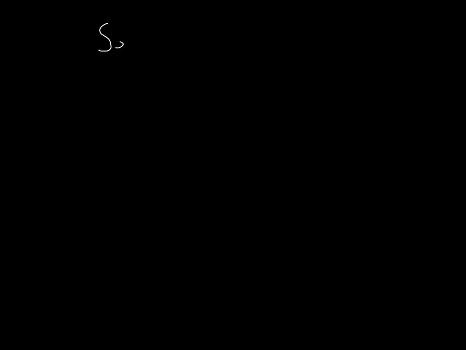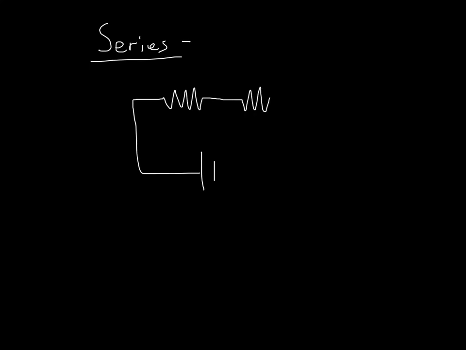We can also look at series resistor circuits. In series, you have your battery, you come in, and you hit your first resistor, and you hit your second resistor, and then you hit the other end of your battery. As I'm going around this circuit, there's nowhere else for my current to go.